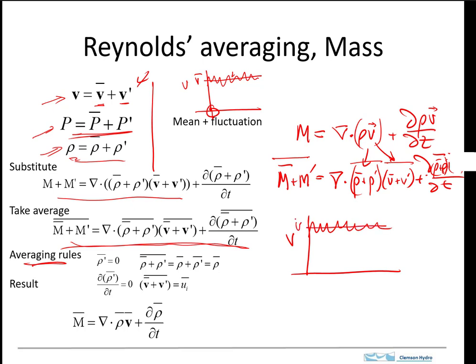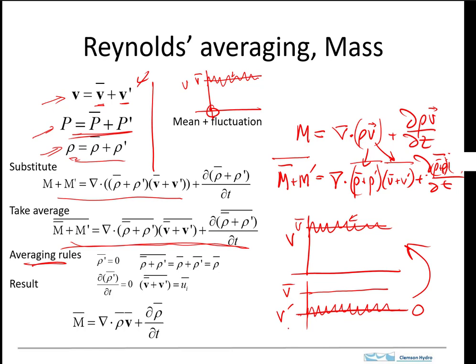There's the mean, and that's the fluctuation. If I were to subtract off the mean, then I would have something like this. There's V bar, and then V fluctuation would be like this, where this is 0. Okay, and then I could add these two together and get that.